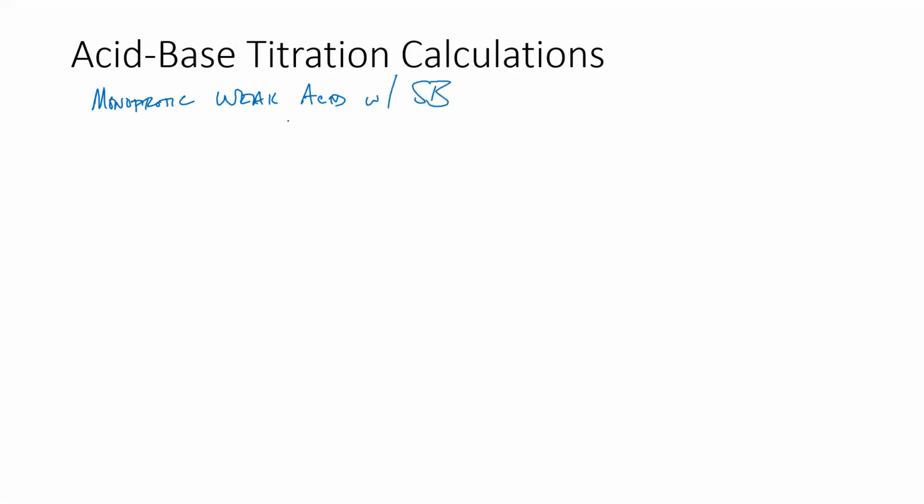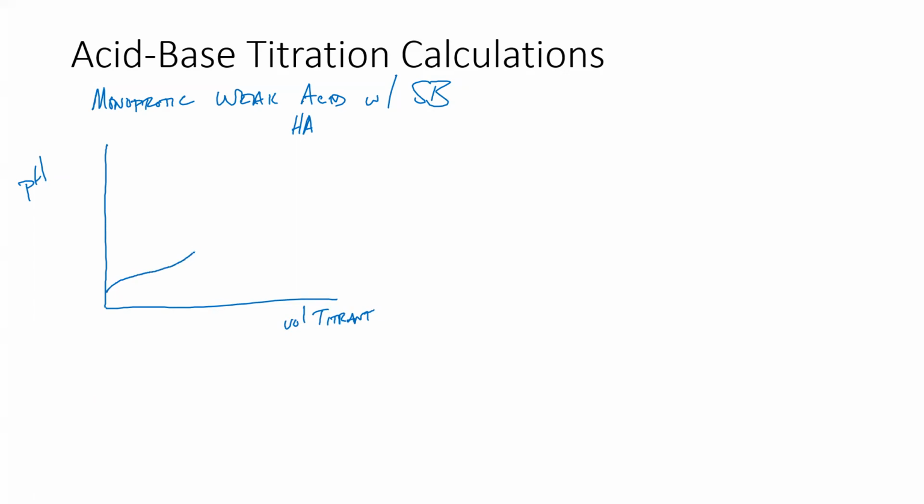Remember our weak acid, we abbreviate as HA, and strong base still SB. This doesn't look too different versus the strong acid, strong base pH curve.